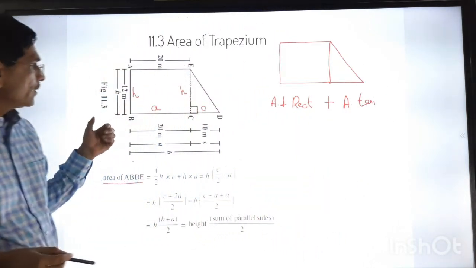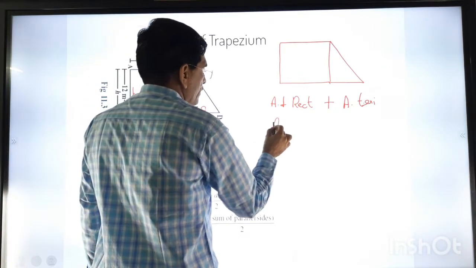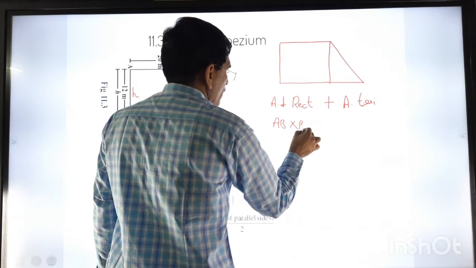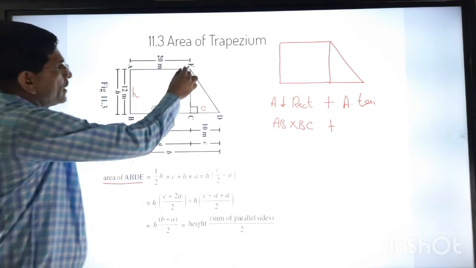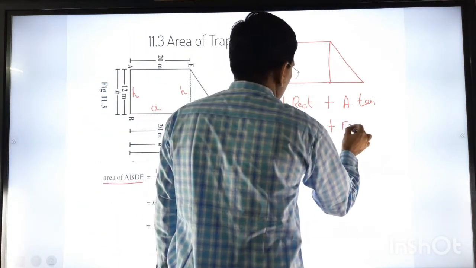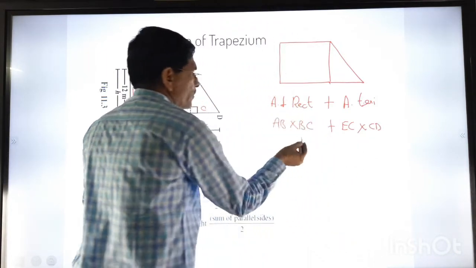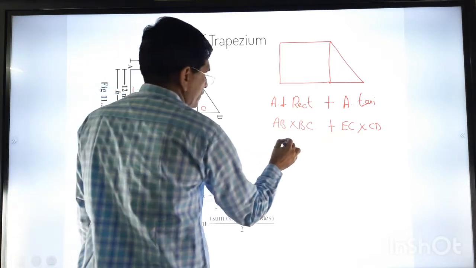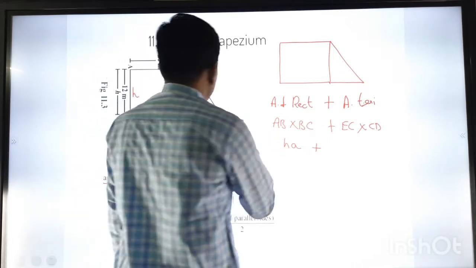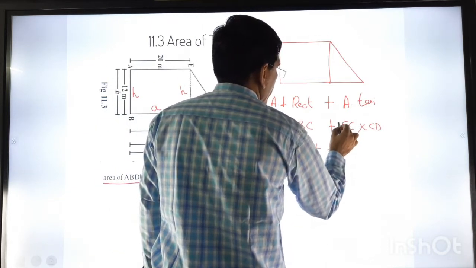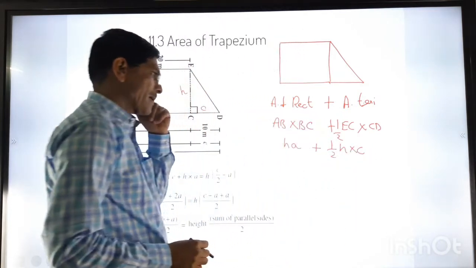Now area of rectangle, if you see properly, we can set AB into BC, plus area of triangle, then EC into CD. Now if I put the values here, then h a plus half into h into c.